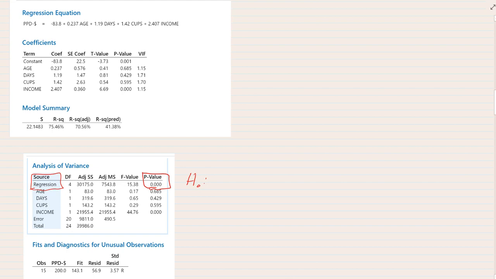The null hypothesis is that beta 1, beta 2, beta 3, and in this case, because we have 4 independent variables, beta 4, are all 0. Notice all of the betas are zeros, whereas up here we looked at those betas individually being 0. So here we're looking at the collective betas being 0.